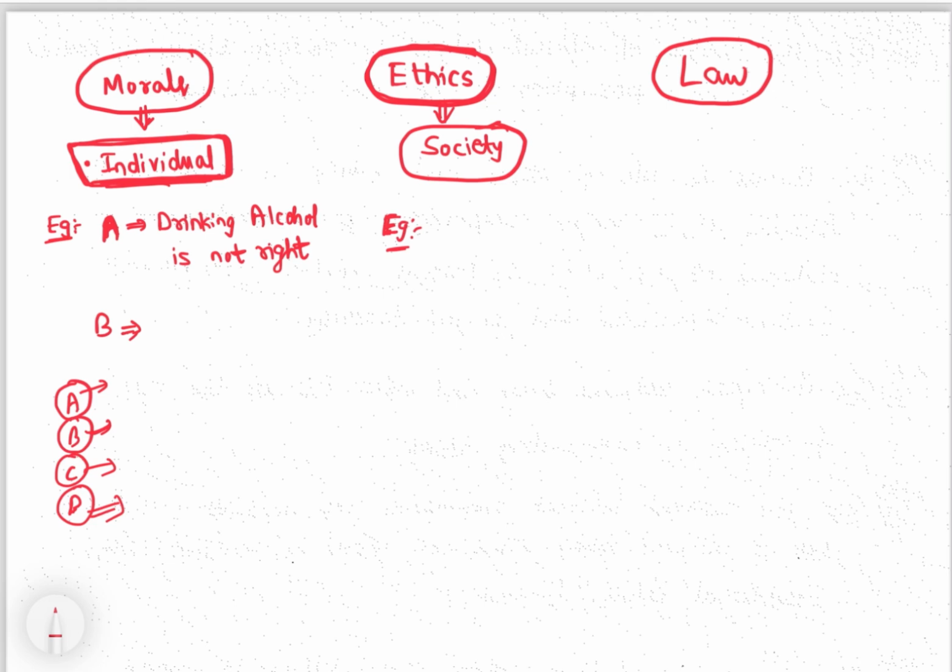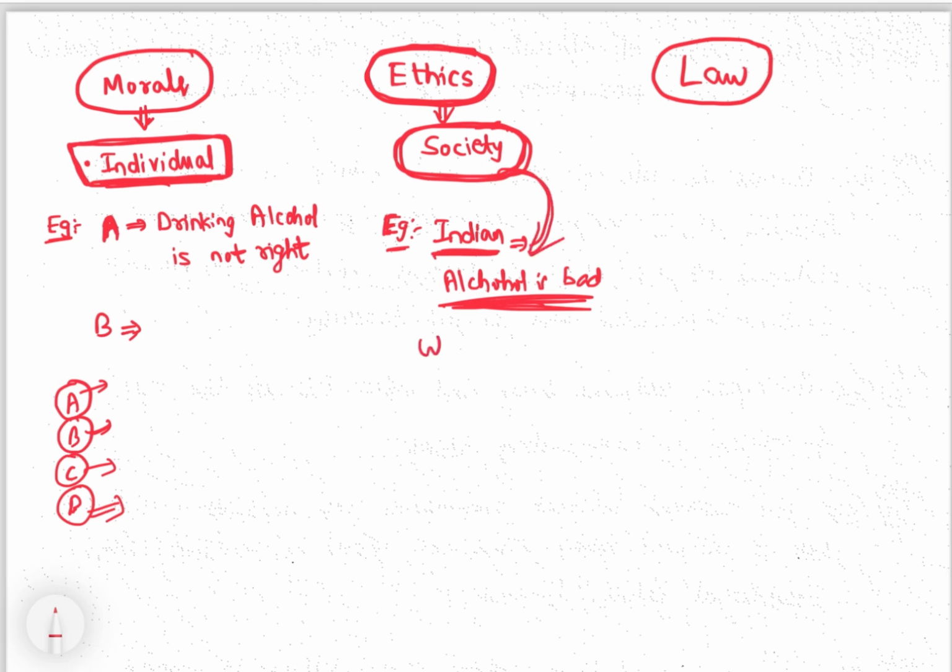So see, if we look at Indian society, Indian ethics is what? Alcohol is bad for consumption. In Indian society overall, even if there are students who are drinking alcohol, they are not drinking in front of their parents. Because Indian society's ethics thinks drinking alcohol is bad.